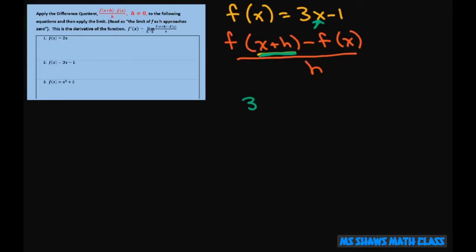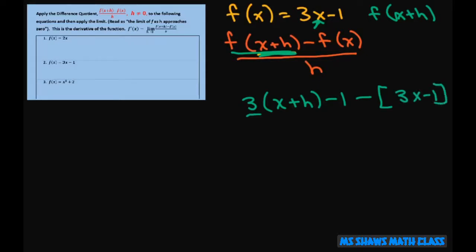So we get 3 times x plus h, and then you subtract the 1. So basically you're just plugging f of x plus h for the first step. Now you subtract the whole function. So I put brackets here, so that's going to be 3x minus 1, all divided by h. And this is your limit as h approaches 0.